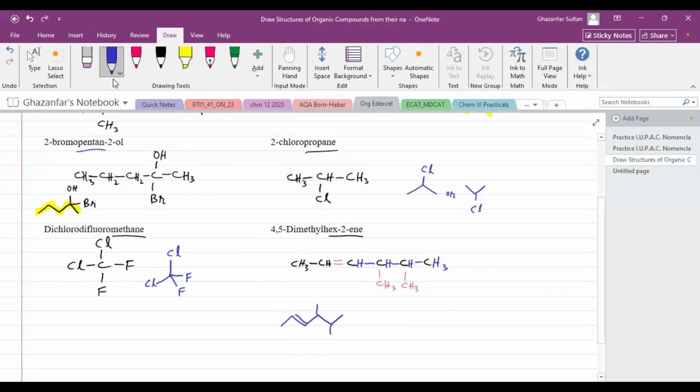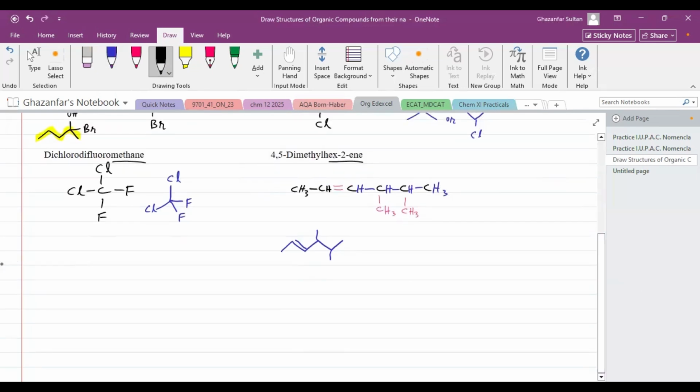Now see, one minute. I think I should give another formula. Take this example for directly writing the structure of an organic compound from its name.